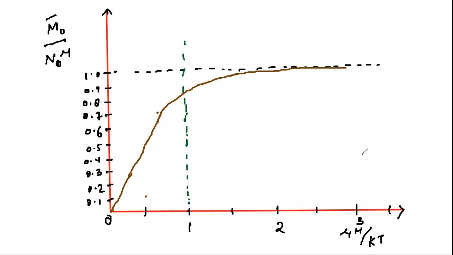In this region, we have this linear relationship. Here, my magnetization M naught bar is proportional to H.